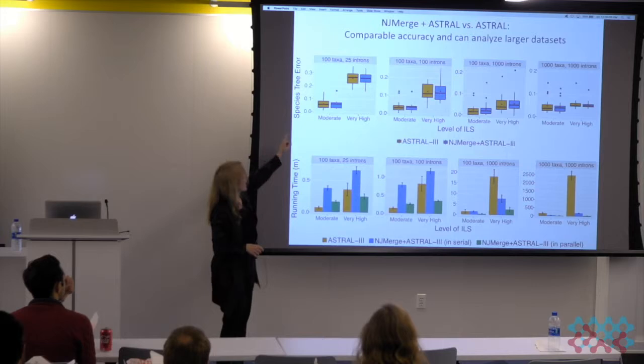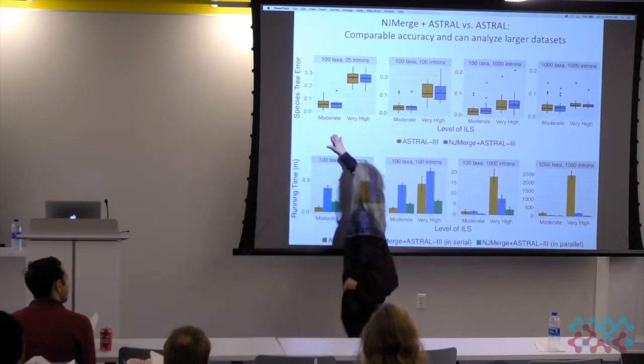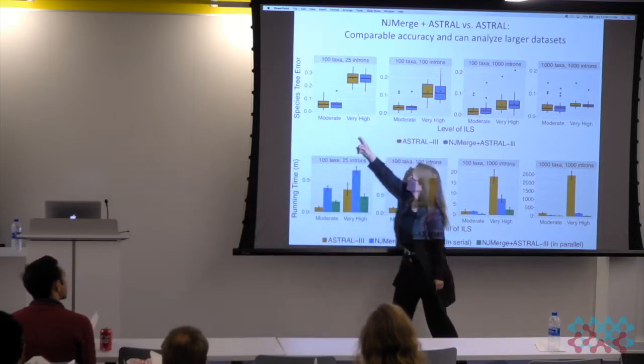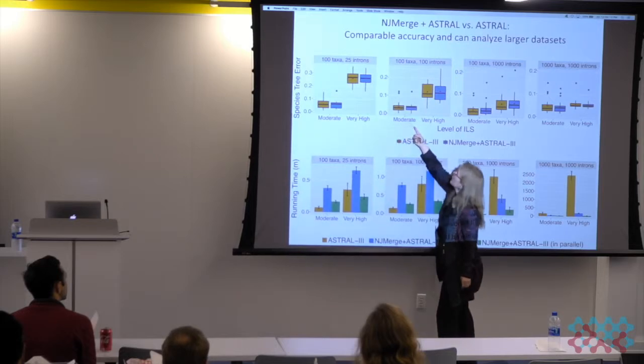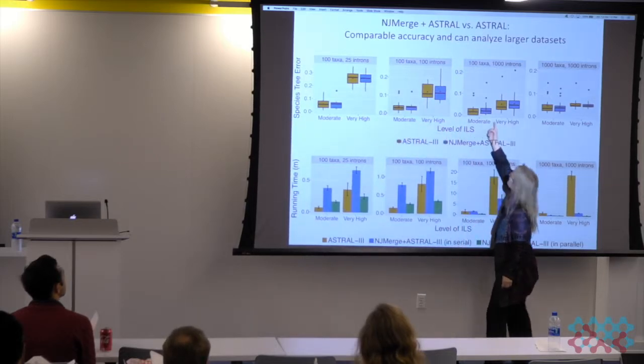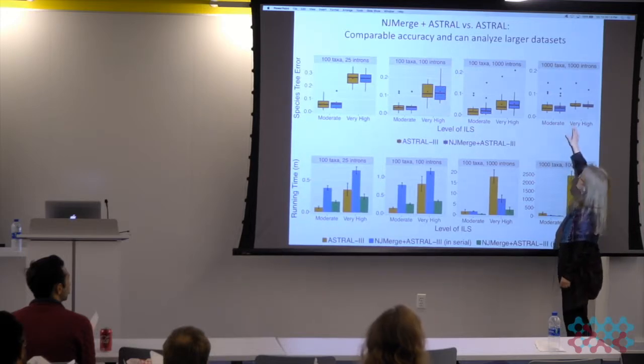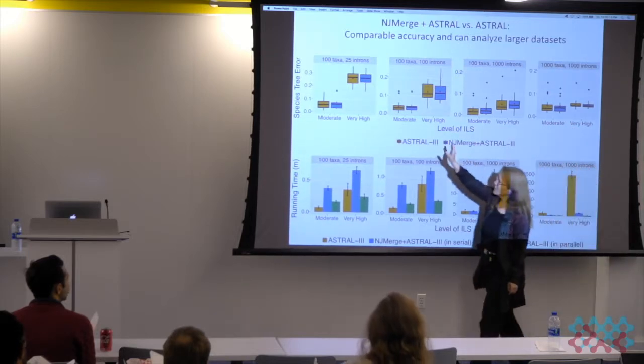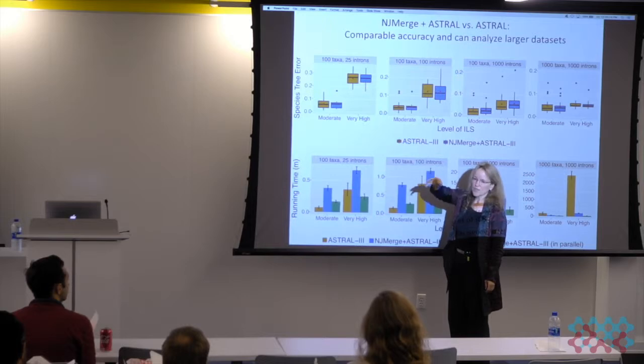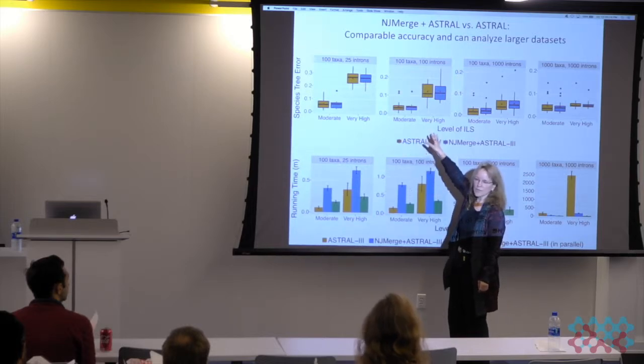At the top, with 100 taxa, 25 genes, 2 different levels of ILS, or 100 genes, or 1,000 genes, or 1,000 species and 1,000 genes, what you see is yellow versus blue, yellow versus blue. They're no different from each other at the top, so the error is not changing.